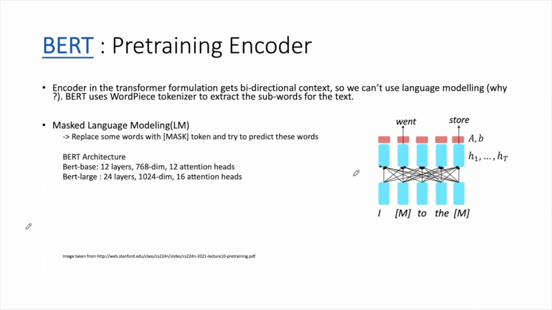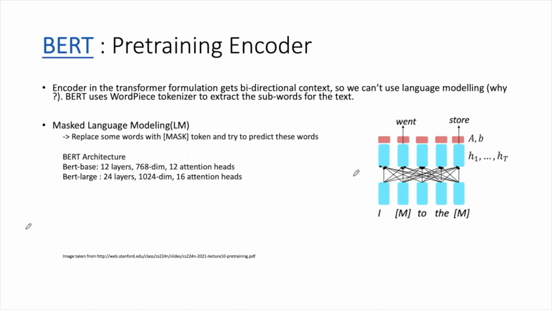Once again, there is a reason why language modeling cannot be used as a pre-training objective for the encoder: in bidirectional settings, when we try to use language modeling, there will be a stage where the input and the output words are the same. That's the reason language modeling cannot be used in a bidirectional context setting.